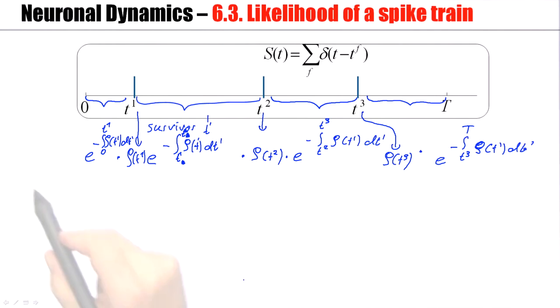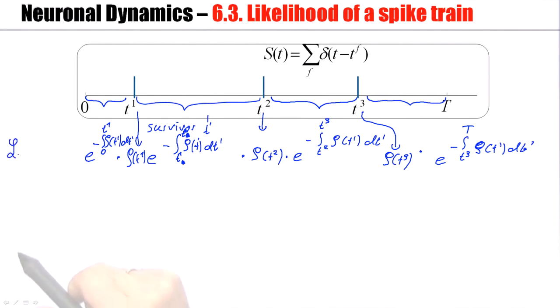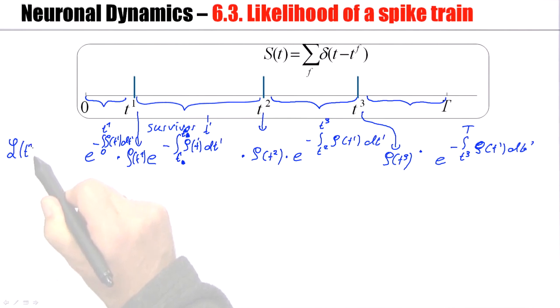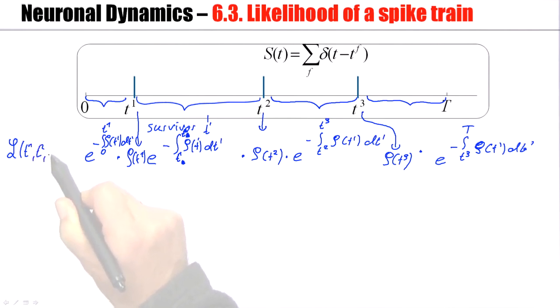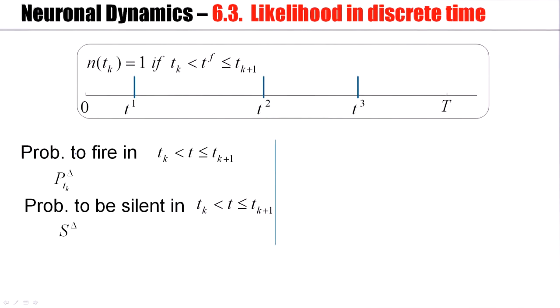So the likelihood that within this period from 0 to T, we would observe just 3 spikes at times t1, t2, and t3 is therefore this.